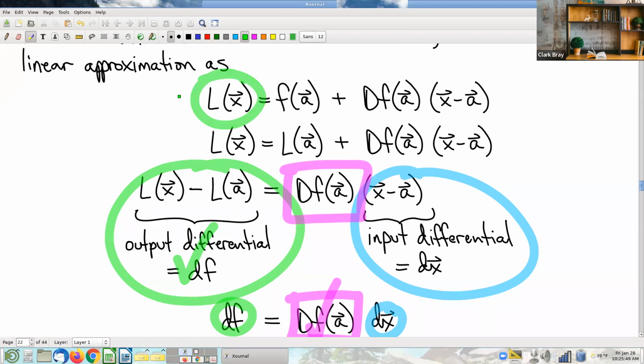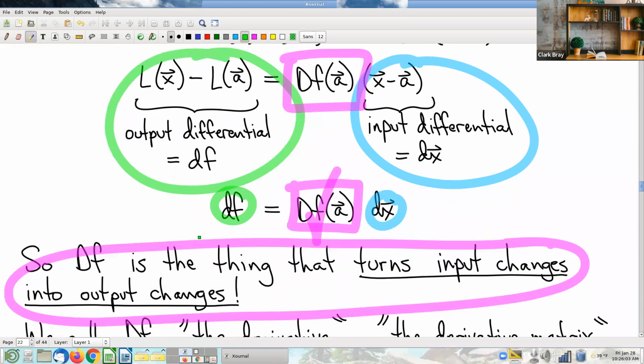How different is our estimate of the value of the function from our starting actual value of the function? So DF is the thing that relates input changes to output changes.